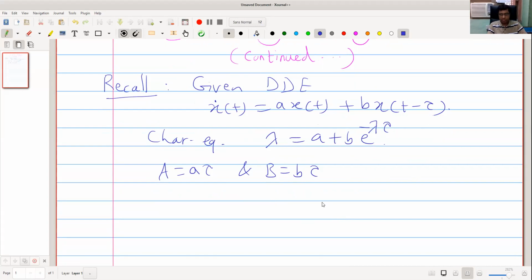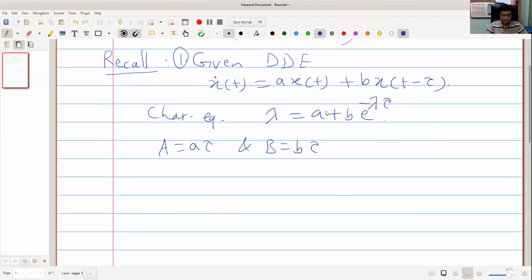In the second step, we find the local linearization. In that case, small a is nothing but the partial derivative of, okay, so let me write, this is the first thing.